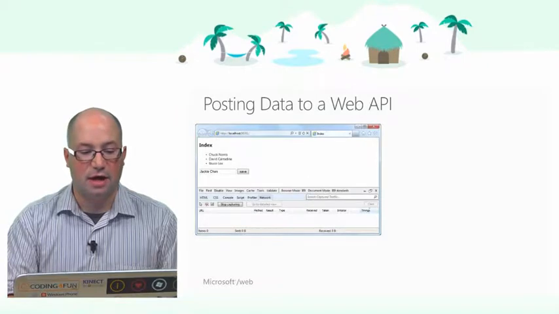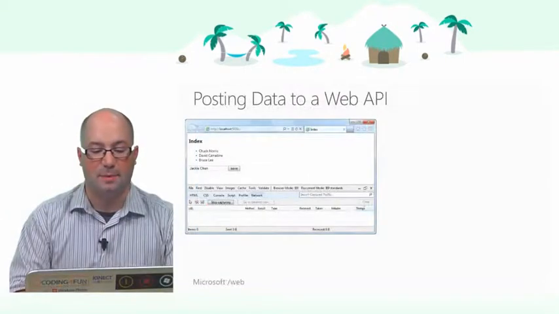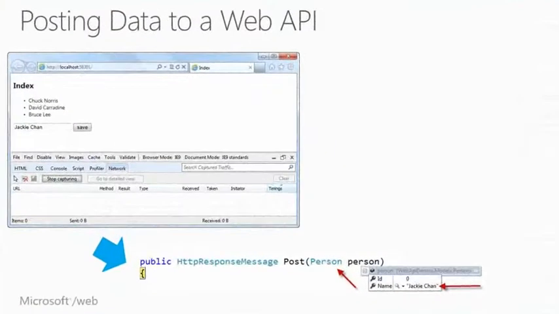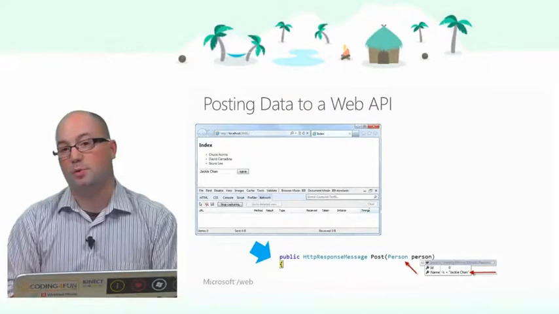So again here, just looking at this simple sample that's been created, there's a person coming in from this example where we type in the name Jackie Chan and hit save. It's going to post that back to the server, and inside we get that reflection model binding magic that happens, and we get a fully populated person object.